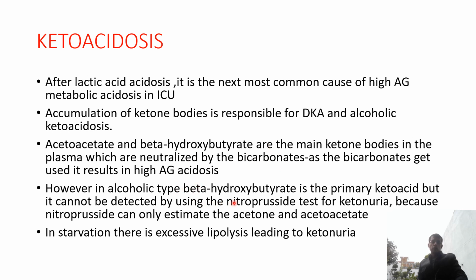However, in the alcoholic type, beta-hydroxybutyrate is the primary ketoacid but it cannot be detected by the routine nitroprusside test for ketonuria because nitroprusside can only estimate acetone and acetoacetate. In starvation, there is excessive lipolysis leading to ketonuria.